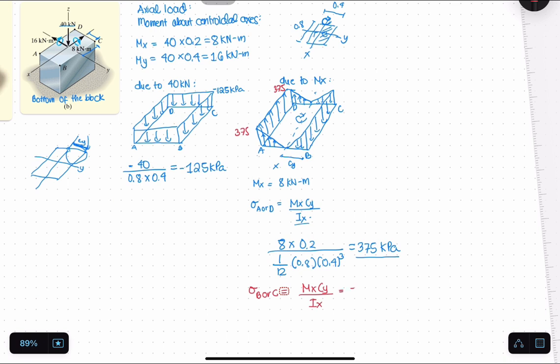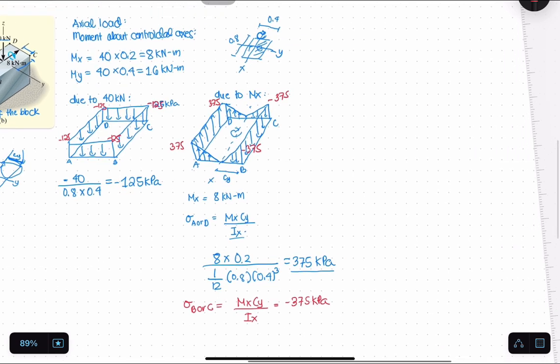But, negative na yung nature niya, compression. Okay? So, this is negative 375, negative 375. While this one, lahat to 125 class. Negative 125, negative 125. Okay?